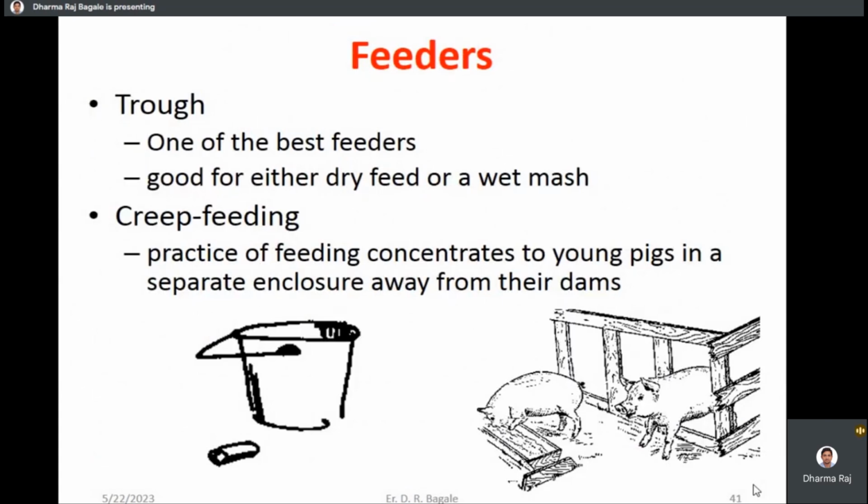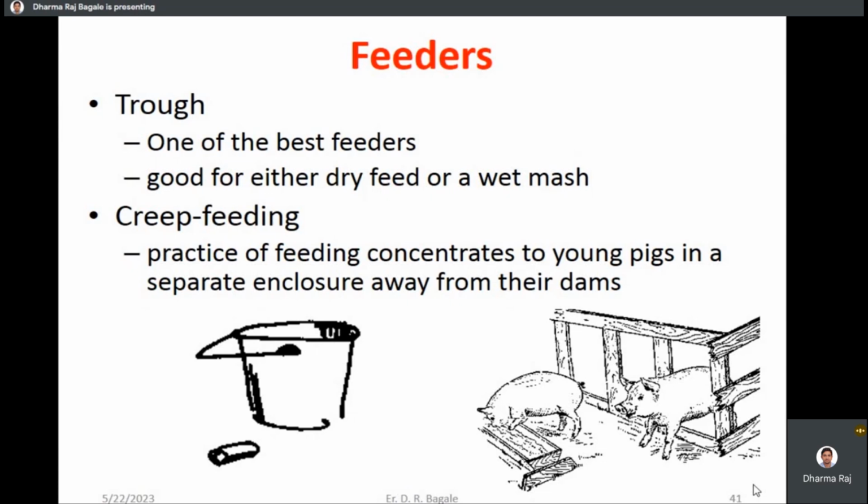For feeders in the different building systems, not only in the farrow crate but also in other buildings where we move these piglets for fattening or for finishing, we can use trough or crib feeding for supplying feed to these animals.